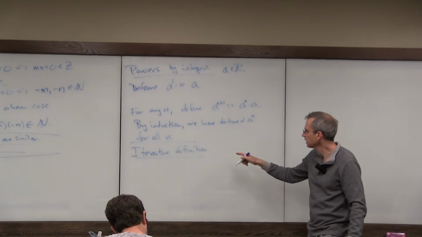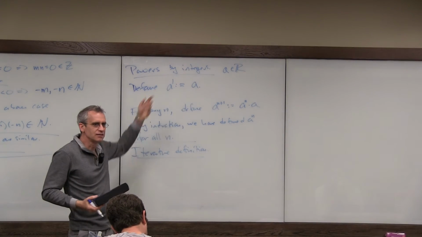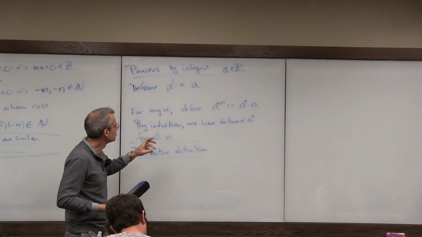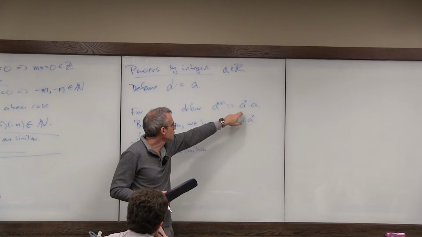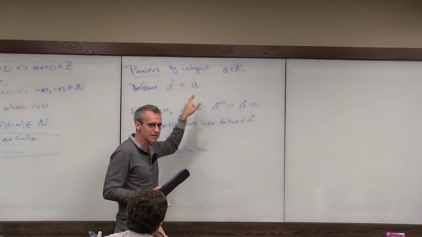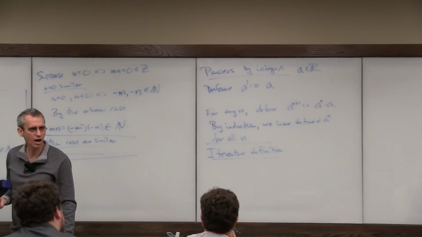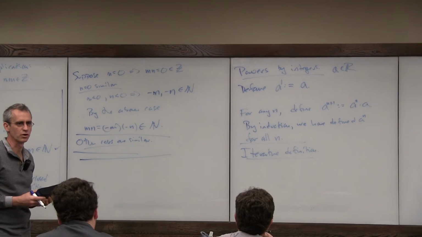And so basically, to do an iterative definition, you have a base case. In this case, it's 1. And then you suppose you have defined it for the nth case, and then you say how to get the n plus first case out of it. And that can be more or less, usually more complicated, right? It's hard to get less complicated than this, so it's generally more complicated.